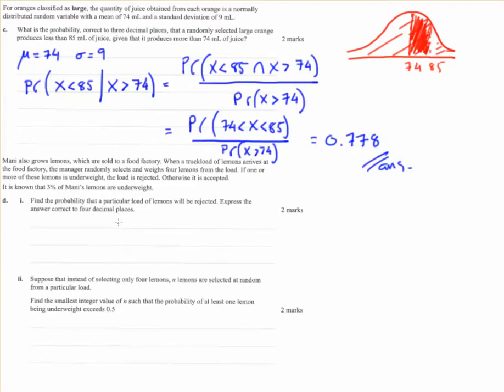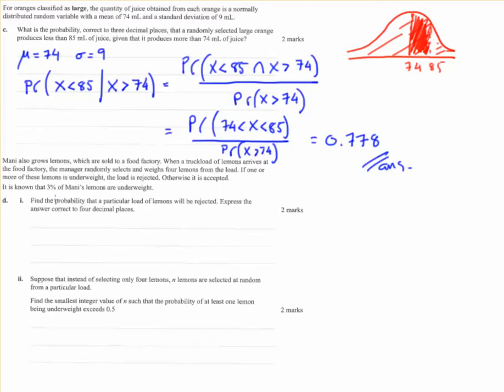If a single one doesn't meet the weight requirements, we won't accept the load. 3% of Manny's lemons are underweight, and we want to find the probability that a given load of lemons will be rejected.